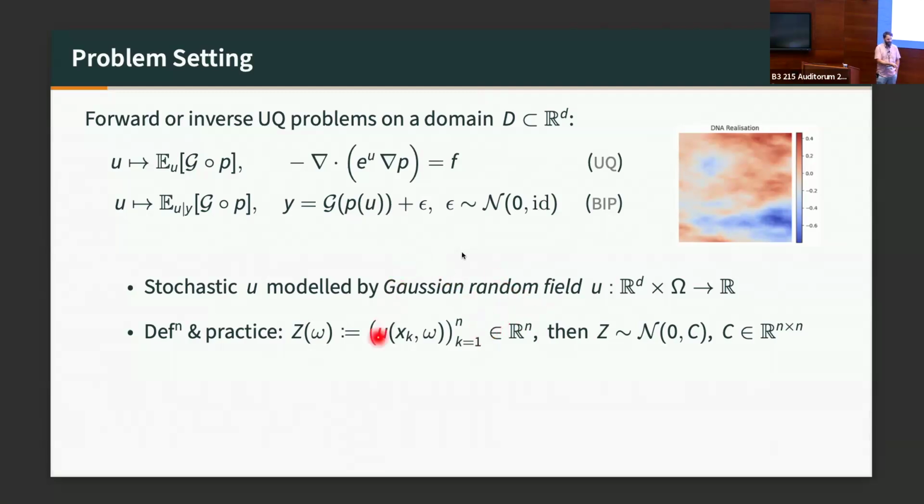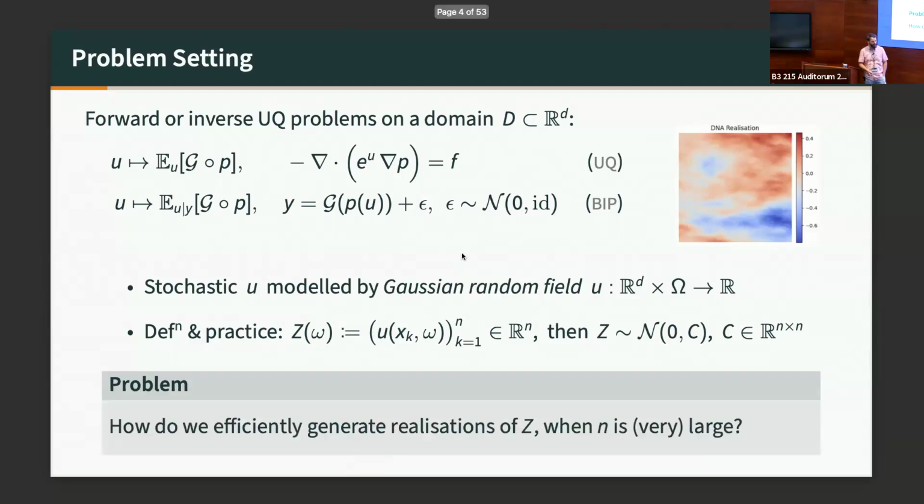Take a subset of points in your domain, then a Gaussian random field is defined such that the vector of values evaluated at any subset of points of the domain is Gaussian distributed with a certain mean, here for simplicity always 0, and a covariance matrix, which is a huge R^(n×n) matrix if the number of points is large. And so in practice, we need this on a very fine grid. And so the question is, how do we efficiently simulate this?